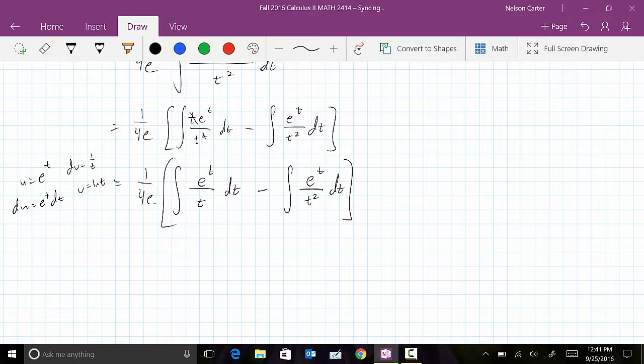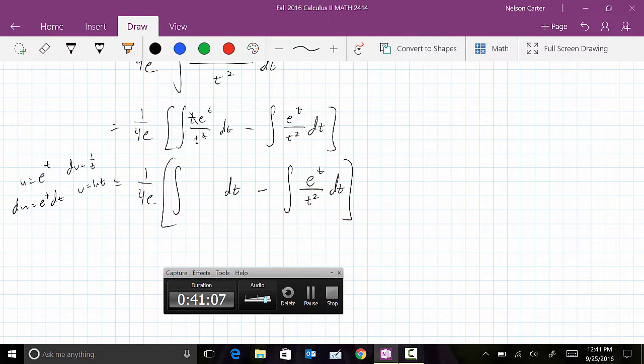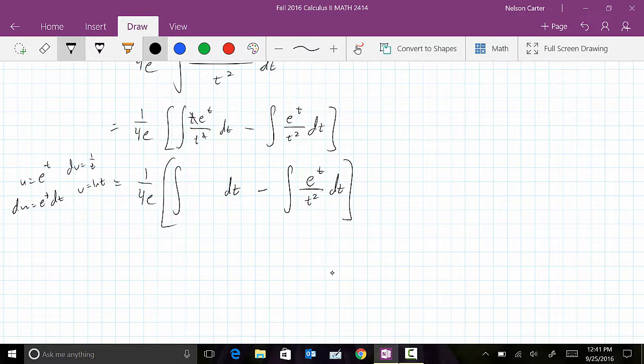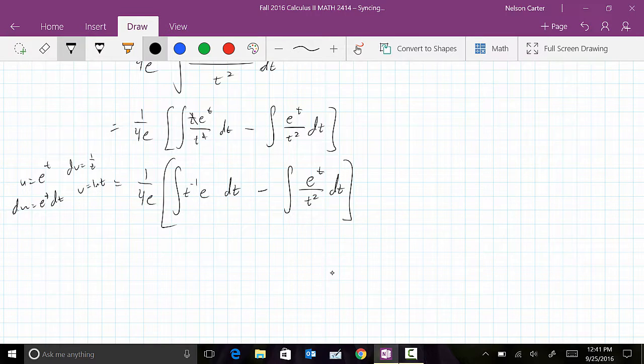You could rewrite this as t to the power negative 1 e to the power t, and you could rewrite this as t to the power negative 2 e to the power t.